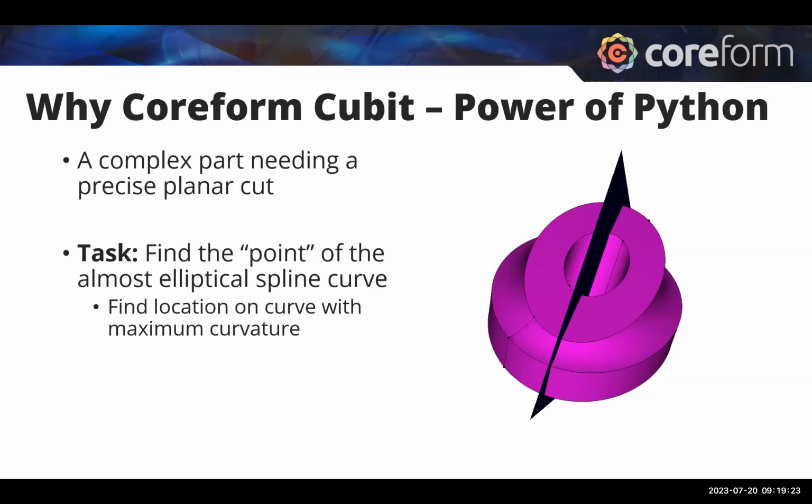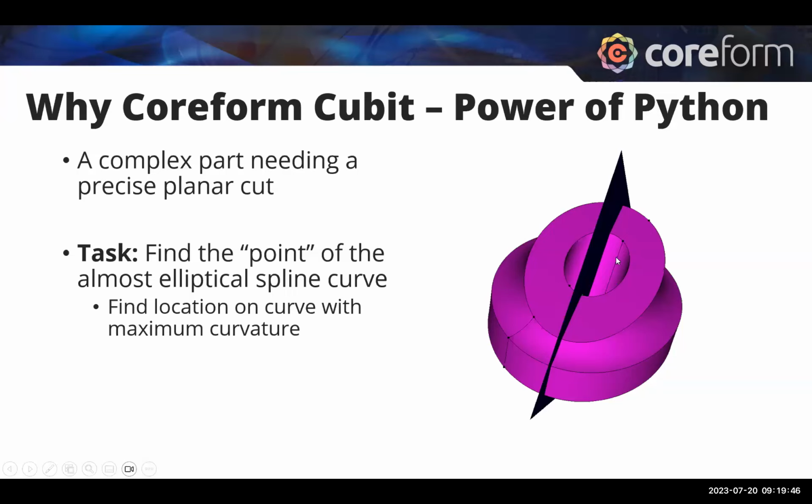And the goal here is, for reasons of the geometry above and below it, as well as this particular geometry, there are these vertices that suggest maybe a natural cut plane that's not aligned with this elliptical, or what appears to be an elliptical curve. And this curve is also not an ellipse, it's actually a spline curve.